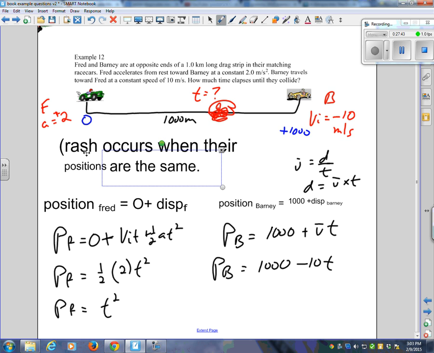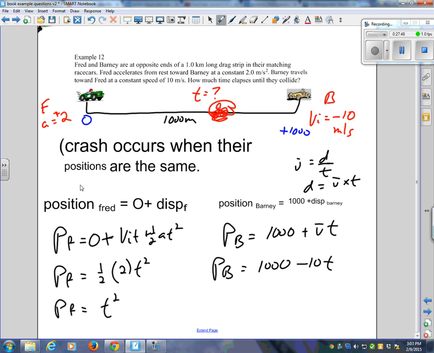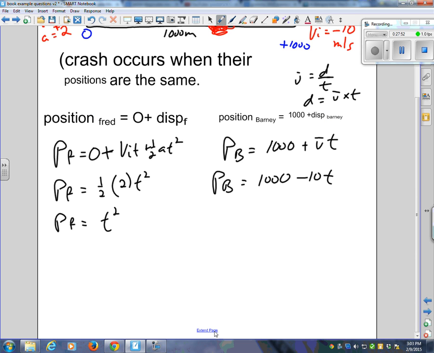Well, it might be road rash. The crash occurs when their positions are the same. So how do I make their positions the same? Position of Fred is equal to position of Barney, which is t squared is equal to 1,000 minus 10t.